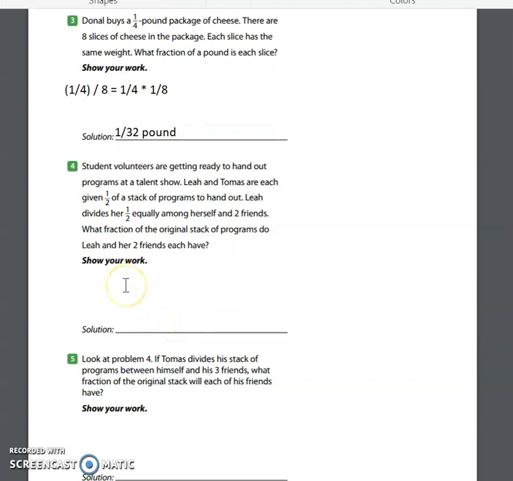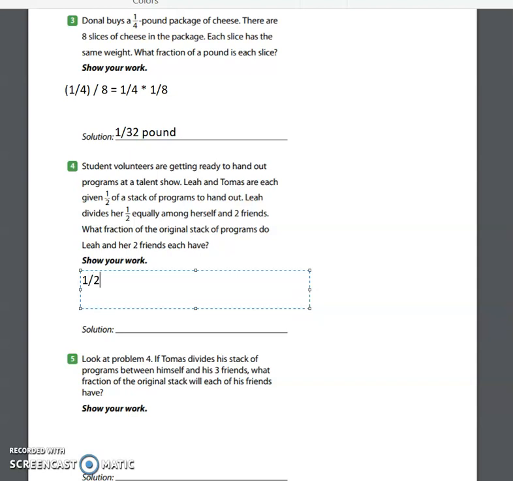So for number 4, it says students volunteers are getting ready to hand out programs at a talent show. Leah and Thomas are each given a half of a stack of the programs to hand out. Leah divides her half equally amongst herself and 2 friends. What fraction of the original stack of programs do Leah and her friends each have? So first, you want to start with the original stack that she was given, which was our half.